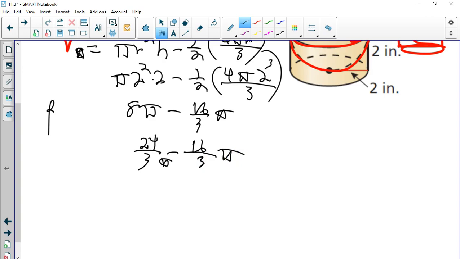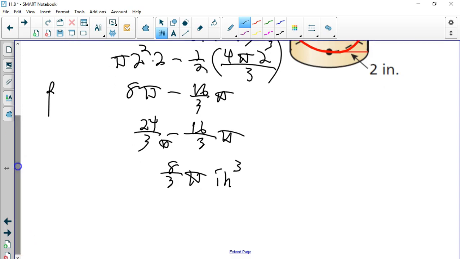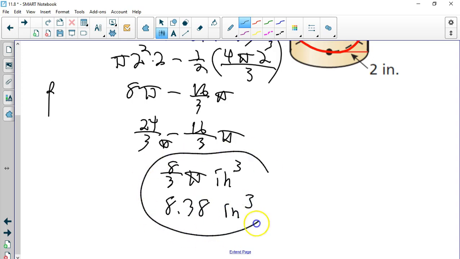So 24 minus 16 is 8/3 pi. And again, that's going to be inches cubed. And this is kind of a weird number for 8/3 pi, but it actually ends up working out to be 8.38 inches cubed. Strange coincidence there. And that's it.